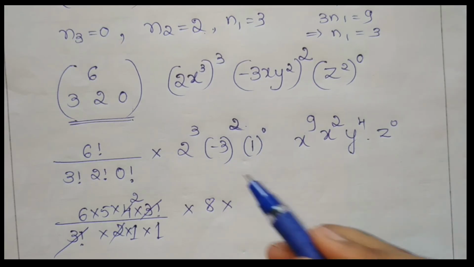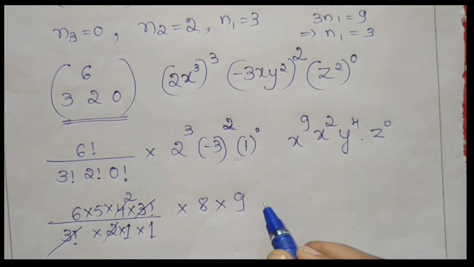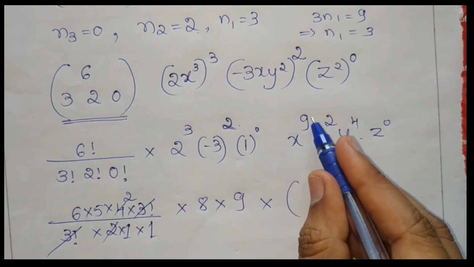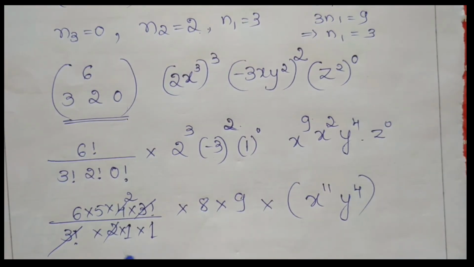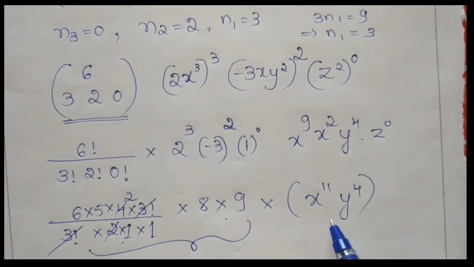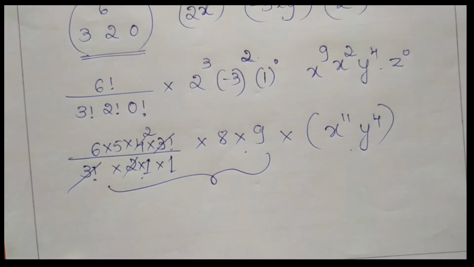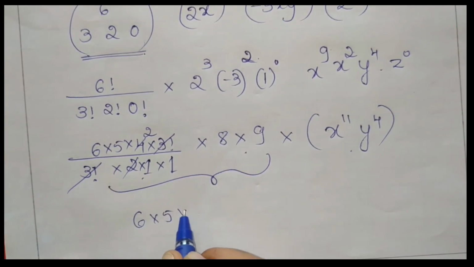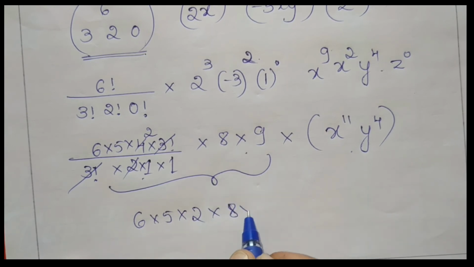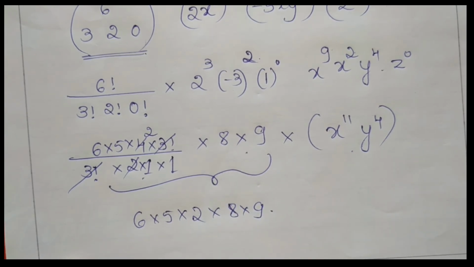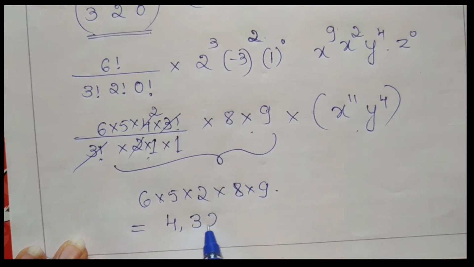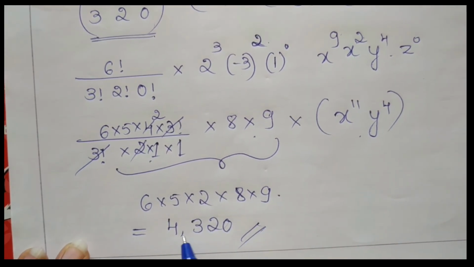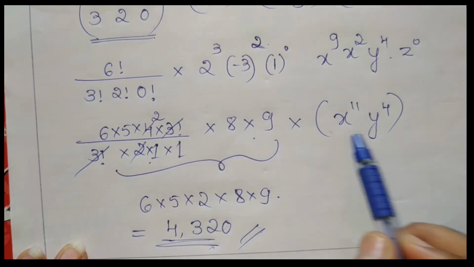Here minus 3 into minus 3 will be plus 9, into this term x raised to 9 into x raised to 2. What is that? x raised to 11, y raised to 4. So this is nothing but the coefficient of this term: 6, 5, 2, 8 into 9, so this is 4320. Okay.